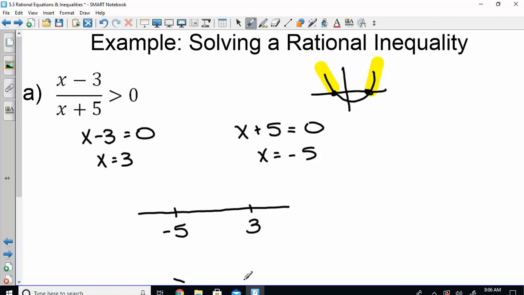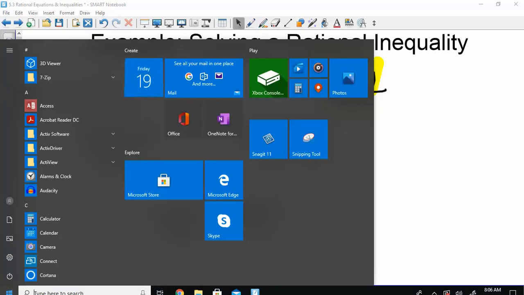There are a couple different options for how to get the next step. Let's talk about the graph. So go ahead and get out your calculator. Let's graph this fraction.